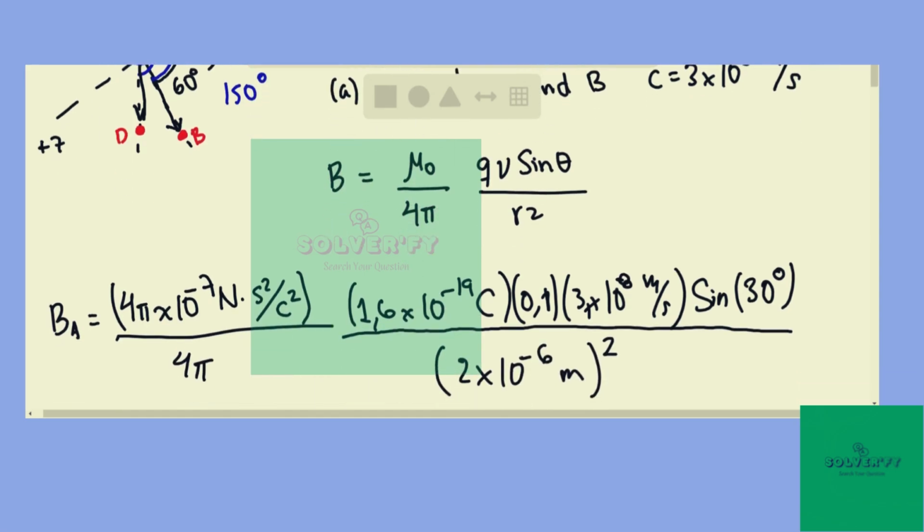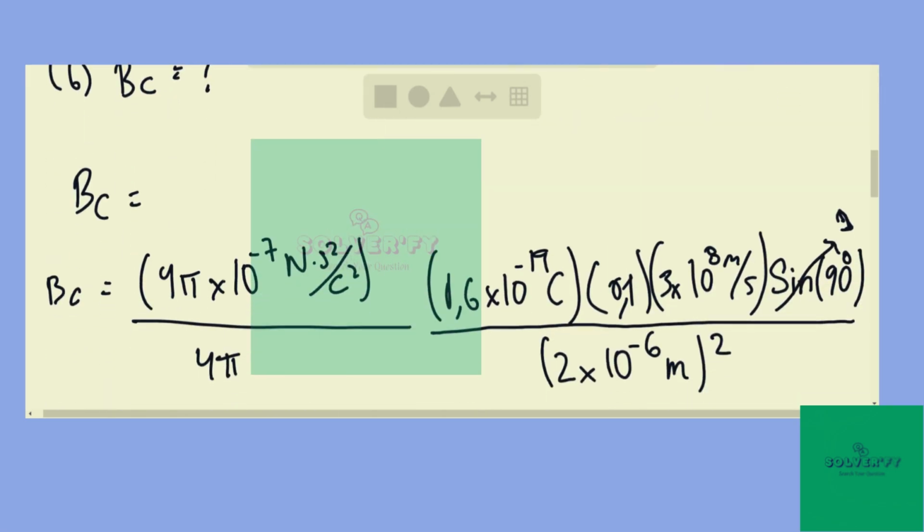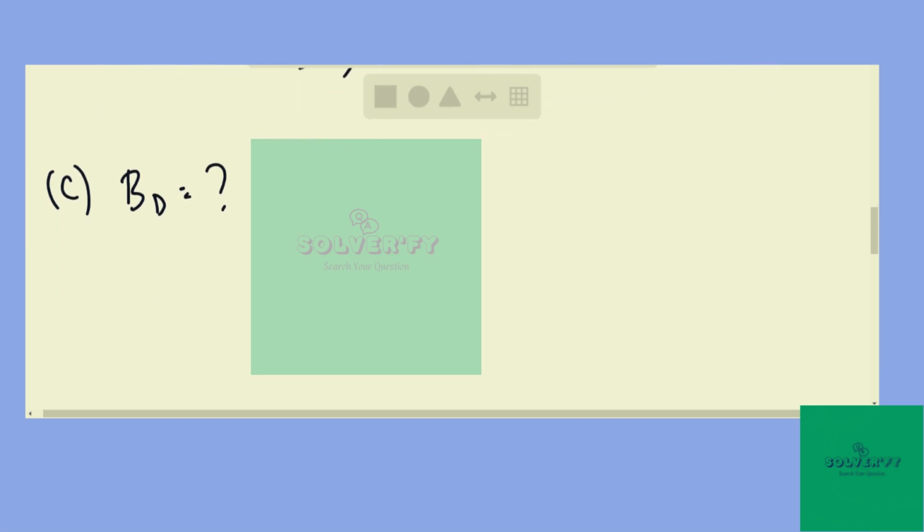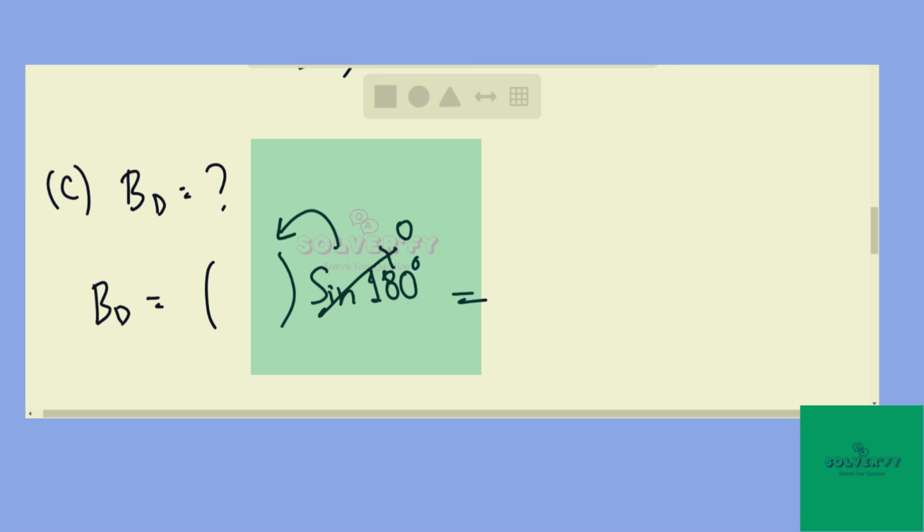So it will be the same as before, all of this, but only the angle changes. It will be the sine of 180 degrees, and we know that this is 0. So multiplying 0 by everything else is just 0. So this is the magnetic field at the point D.